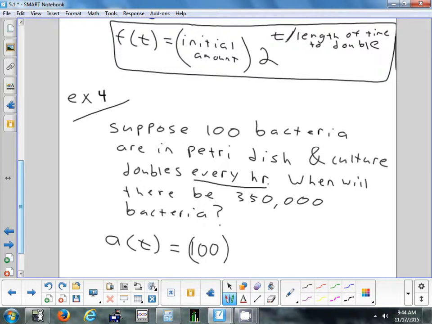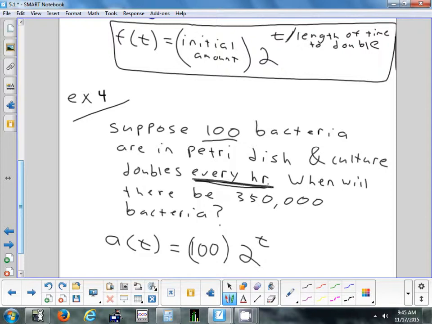Two, right? And then what's our exponent? 2 to the time, t. That's it. So we're starting with 100. Then you put a 2, because that's what's in the formula. And your exponent is t.